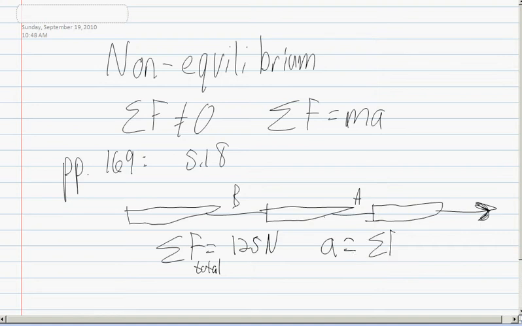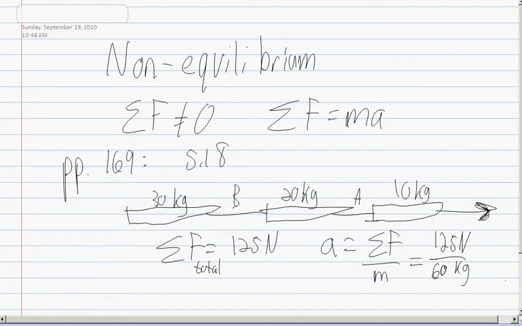That's just going to be the sum of the forces over the total mass. In this case, this is 30 kilograms, this is 20 kilograms, this is 10 kilograms. So it's going to be our 125 newtons divided by 30 plus 20 plus 10. That's 60 kilograms.